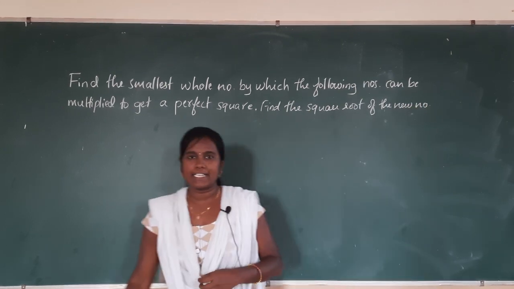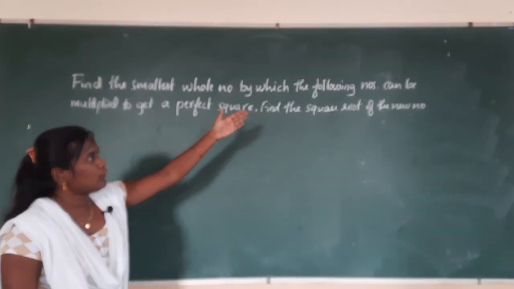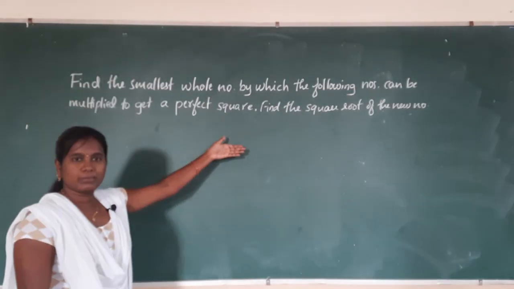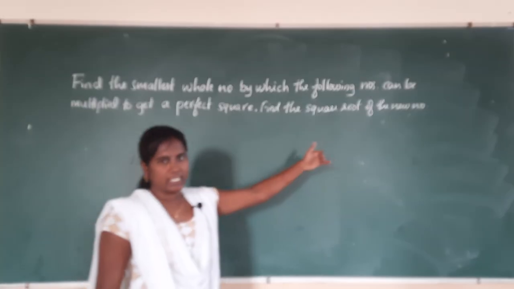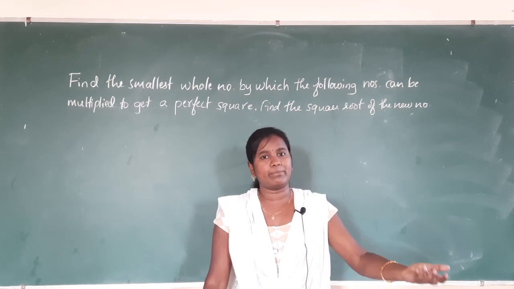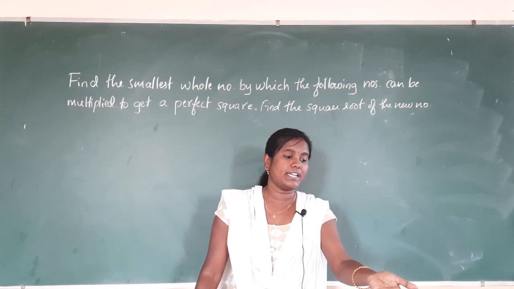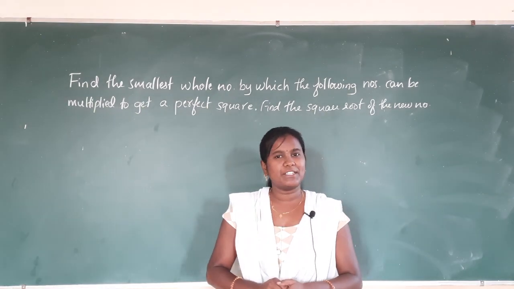Yes, the question is as follows. I am going to take some numbers now. By which smallest number, if you multiply a given number, you are going to get a perfect square, and also find the square root of the given number.